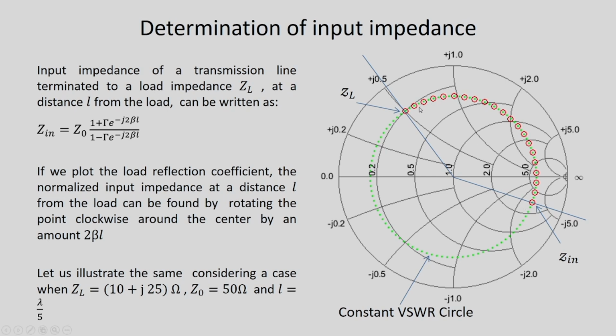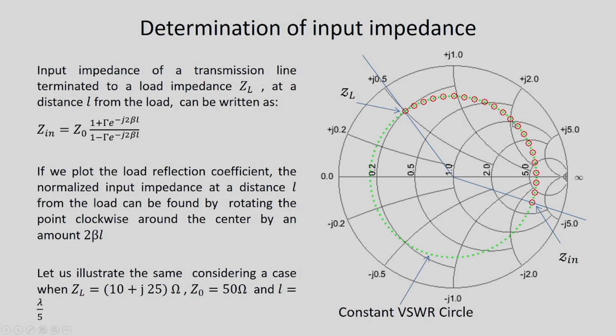The impedance at any intermediate points can also be seen. For example, if we stop at this length, then we get an input impedance of 1 plus j 2, that means here it is 50 plus j 100 ohm.